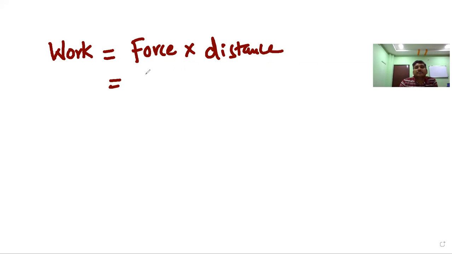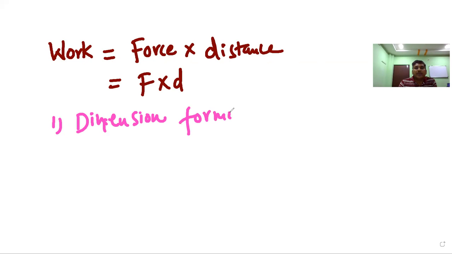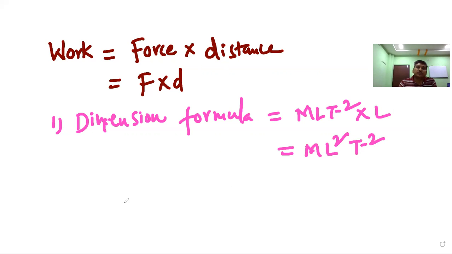Force F into D is the work. Now, I would like to write its dimension formula. Force is MLT^-2. Distance is L. Final dimension formula is ML^2T^-2.